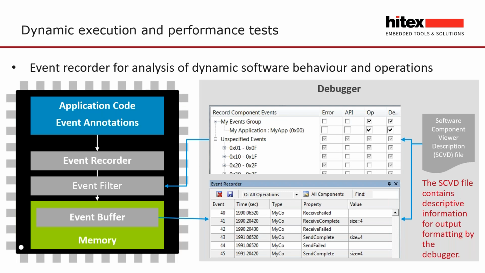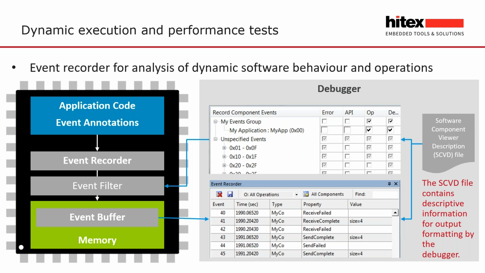These event annotations, as well as providing debug information, can be used to perform timing analysis as well. There's a separate window which allows us to set up the event recorder and start and stop the timing statistical analysis from running. Here we can get max, min, and average run times between these different event recorder annotations.